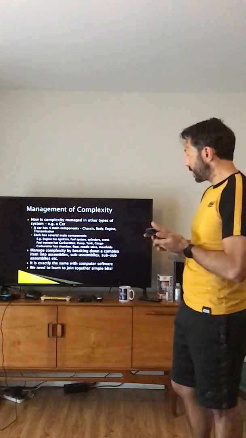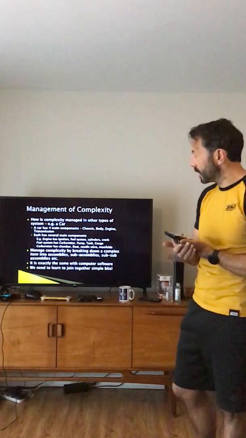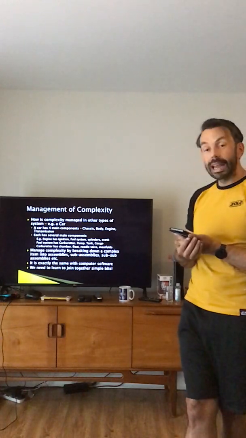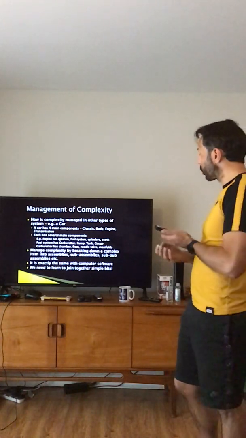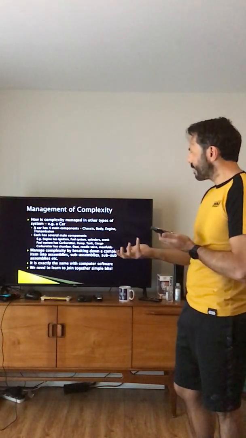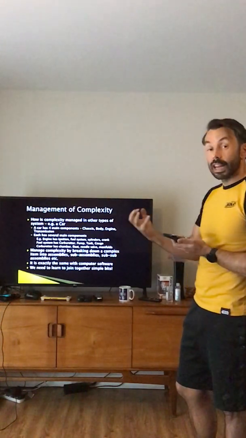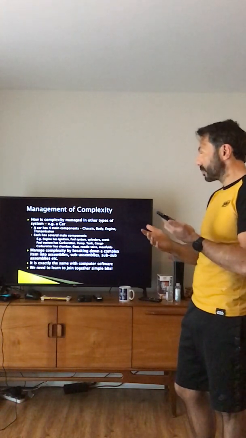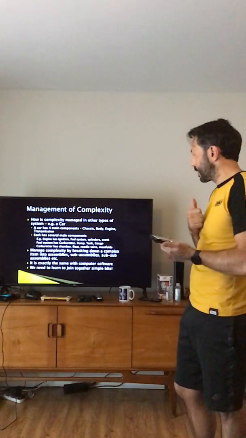How is complexity managed in other types of system? Let's have a look at a car, for example. A car has four main component parts. So we have the body, the engine, the transmission, the chassis. And each has several main components. So the engine has the ignition, the fuel system, cylinders, crank. Fuel system has the carburetor, the pump, the tank and the gauge.